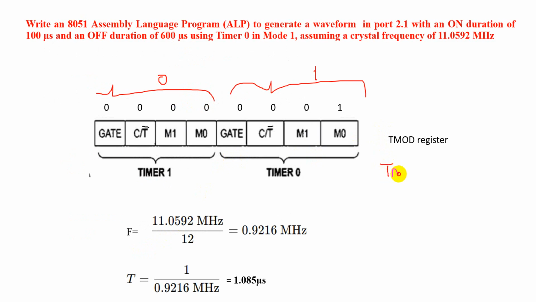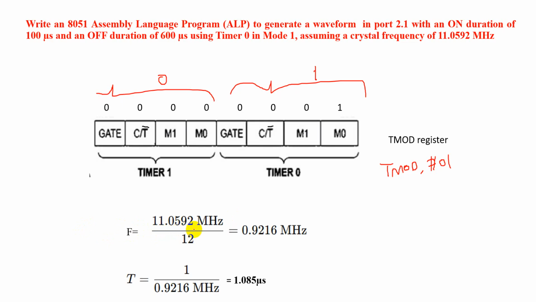We are going to use timer 0 mode 1, so M1 is 0, M0 is 1. We configure the timer mode value as 01, and our given crystal frequency is 11.0592 MHz.